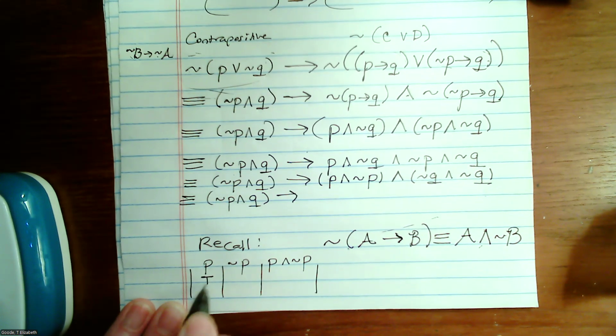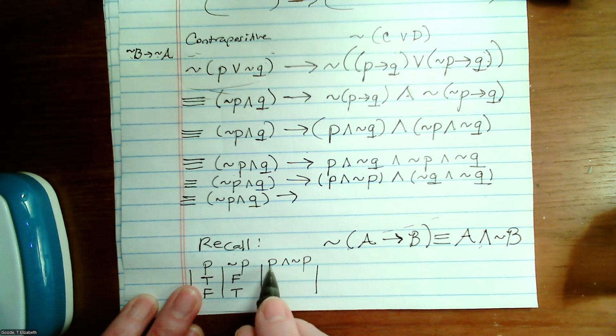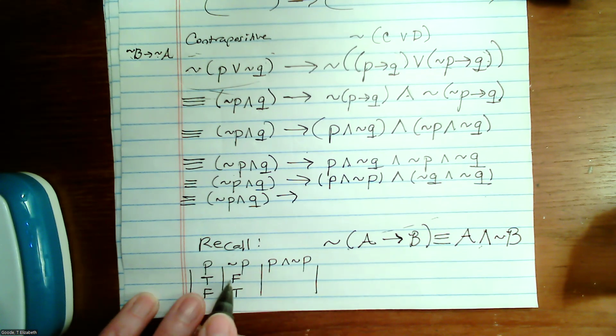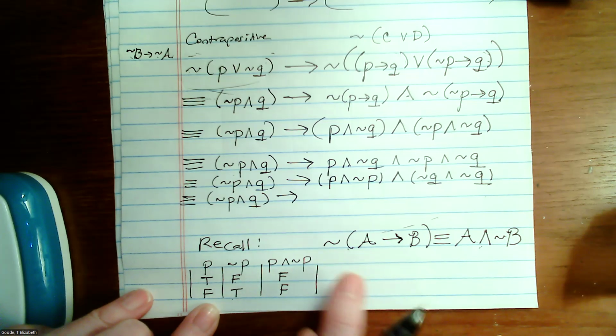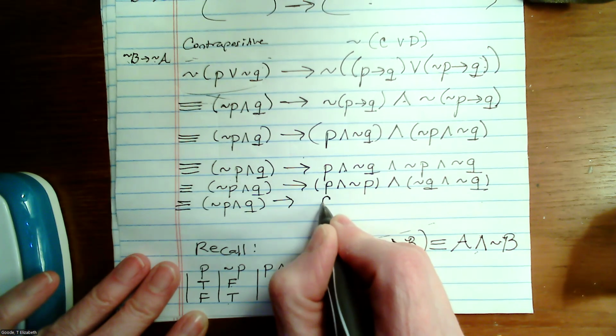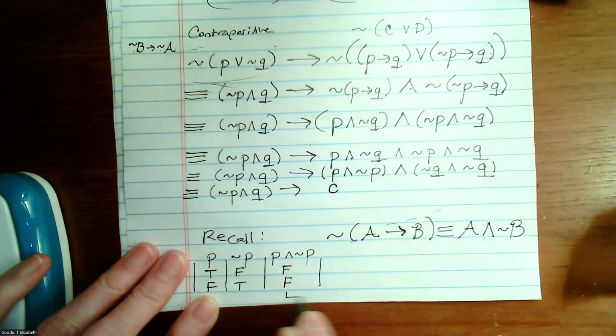That would be a contradiction. Exactly. Because you can never have both P and not P because they always have opposite truth values. In fact, it is the canonical example of a contradiction, and we use the little letter C for contradiction.